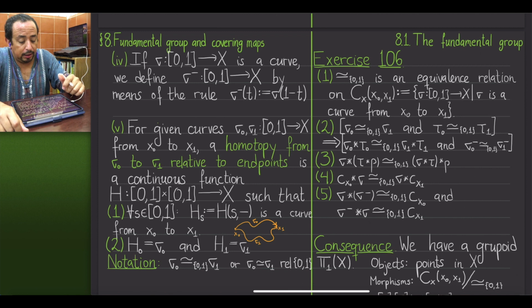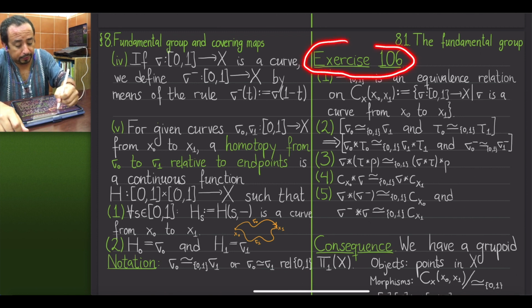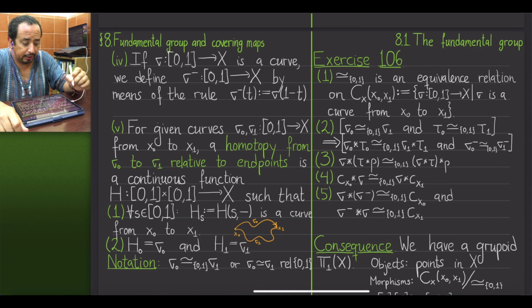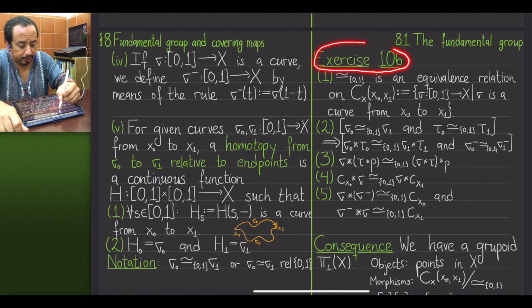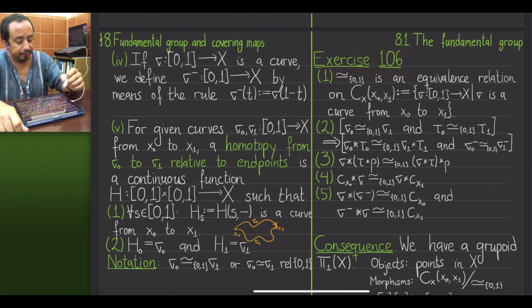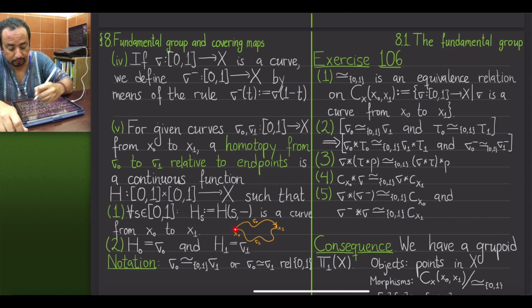All right. Now an exercise, and I would say this is an easy exercise, and in any case, for instance, if you plan to take a qualifying exam in algebraic topology, this would be a good standard exercise. First of all, show that the homotopy relative to endpoints is an equivalence relation on the set of all curves that connect my given point x0 to my given point x1.